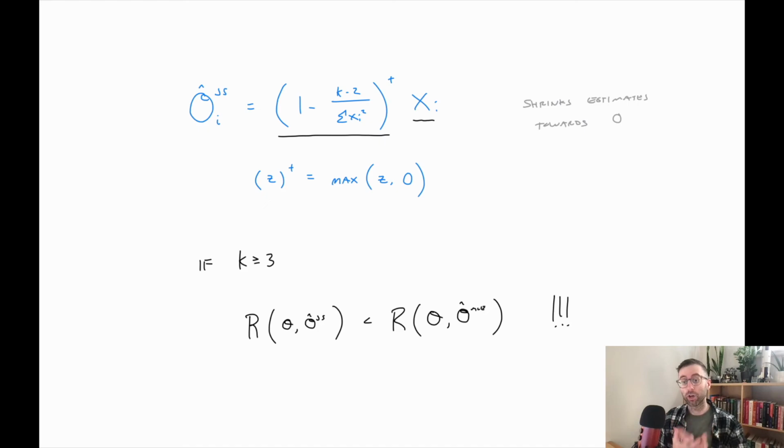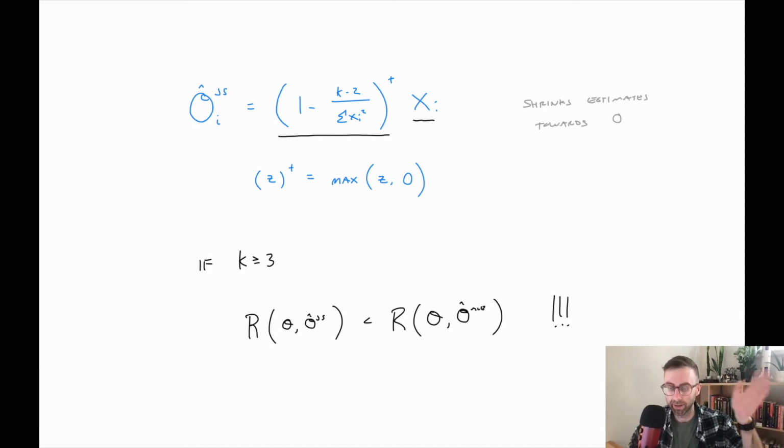Now, right away, we can all scream, this is bias. This is a biased estimator, no doubt. You're literally biasing the result towards 0. But it turns out that if k is 3 or above, so when k is 1 and 2, the MLE is admissible, well, not perfect.